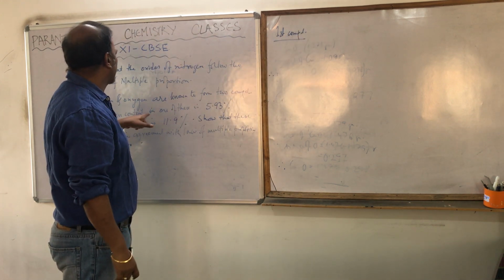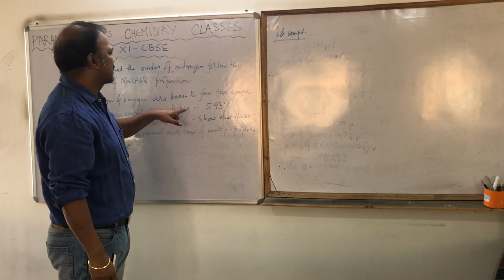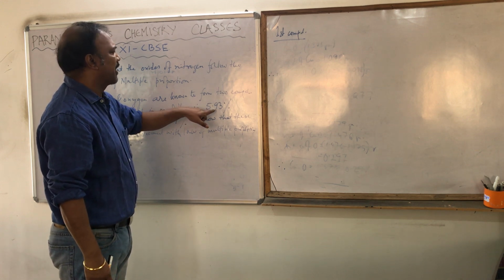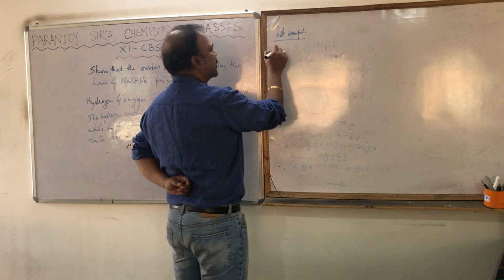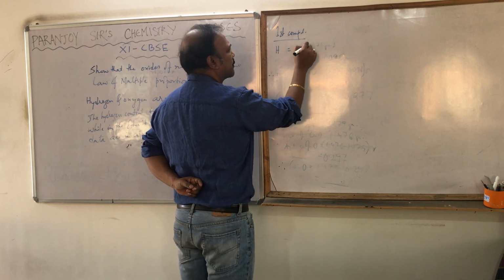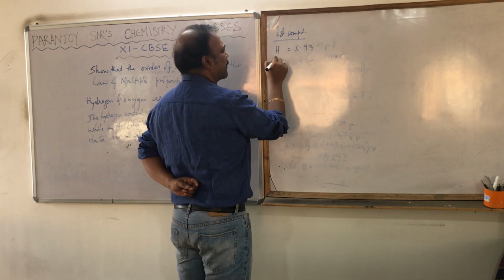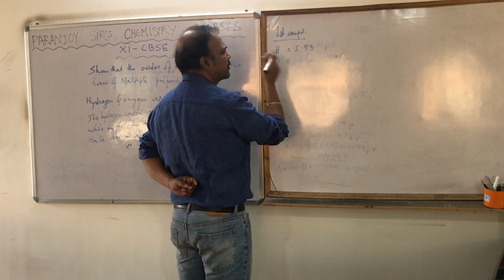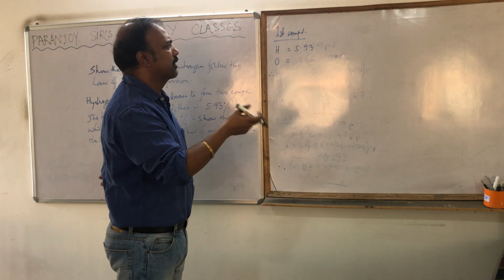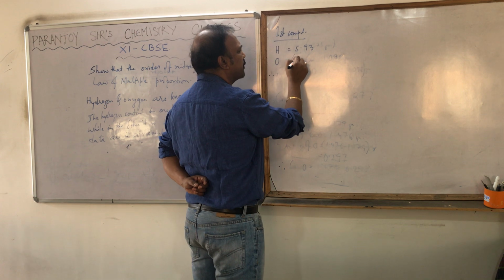The hydrogen content in the first one is 5.93%. So H equal to 5.93. So if H equal to 5.93%, O should be equal to 100 minus 5.93.